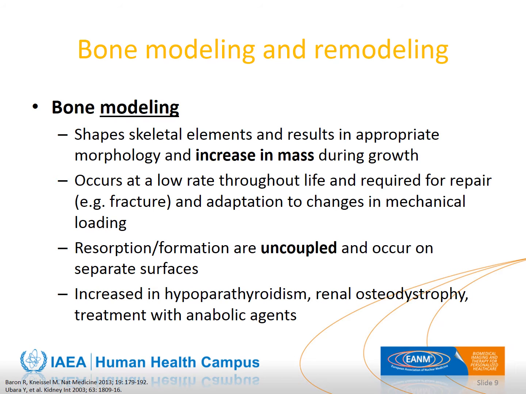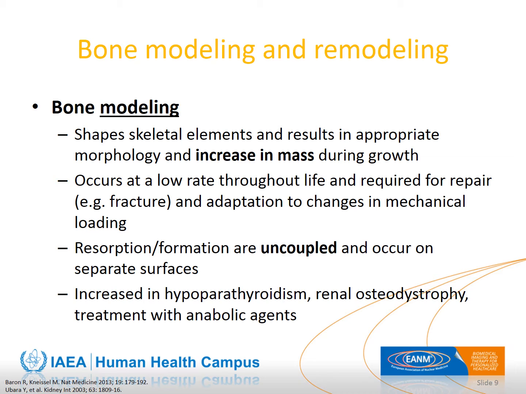Two distinct physiological processes determine the formation, adaptation, and maintenance of bone. While both share a common set of effector mechanisms that we will discuss later in this presentation, they both serve a distinct goal. First, bone modeling is a process by which skeletal elements are shaped into the appropriate morphology, resulting in a net gain of bone mass during growth.